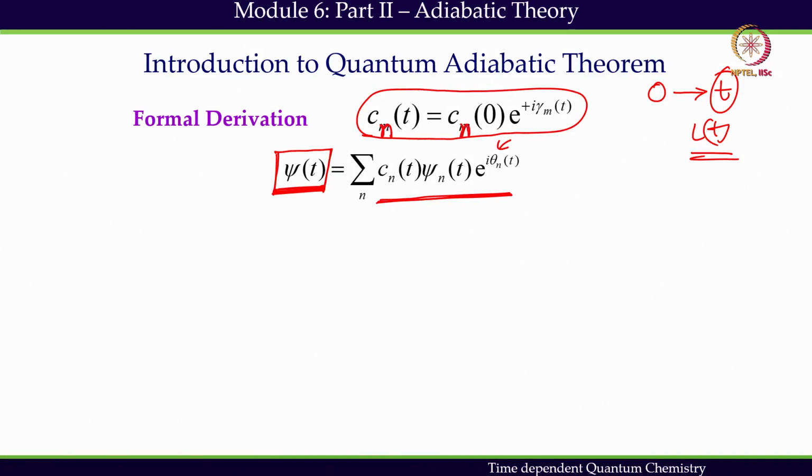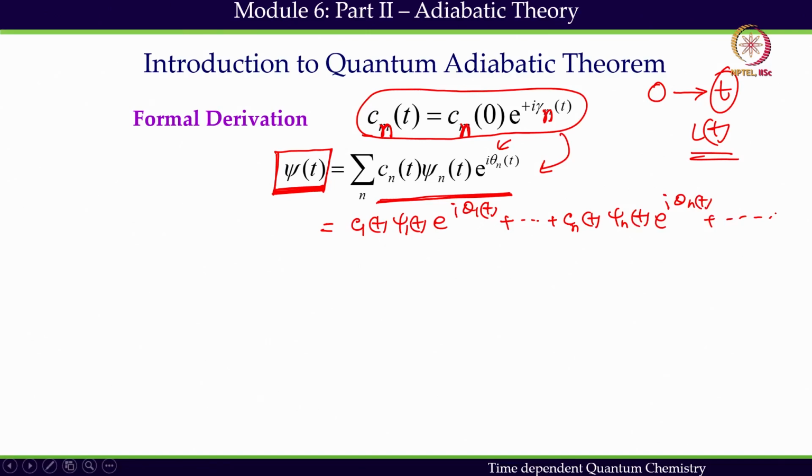So I can convert it, and the moment I convert it, I'll be able to plug that in and write explicitly. This is going to be C1 t psi 1 t e to the power I theta 1 t plus Cn t psi n t e to the power I theta n t plus, in this way we are adding all the terms to represent this non-stationary state of the particle, and we know that each expansion coefficient will be given by this.